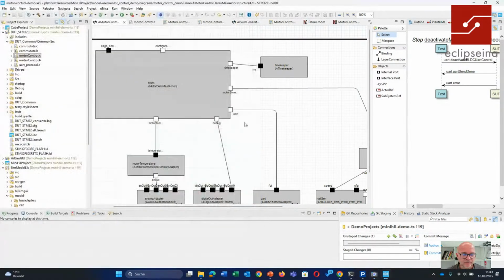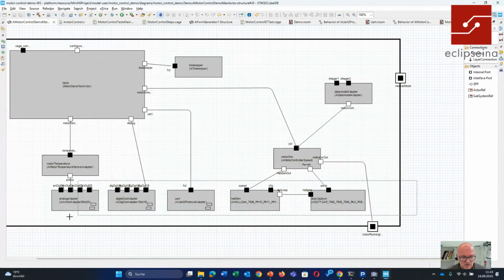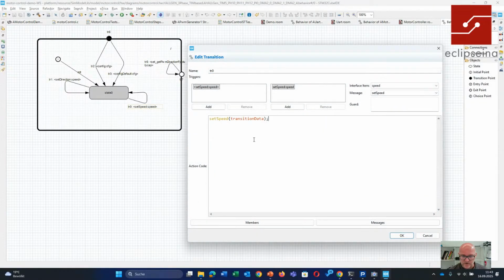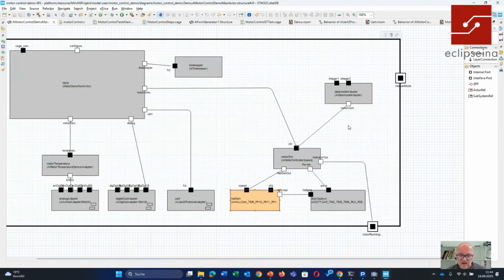So now let's have a look at the implementation of the simulation and the test cases. Down here, we have all the adapters, the standard adapters, but also specialized adapters you might need for your test environment. You can implement, for example, protocols as state machines. That's a real state machine generator. It's a full programming language for state machines. You also can combine different blocks in your simulation to new functionality.